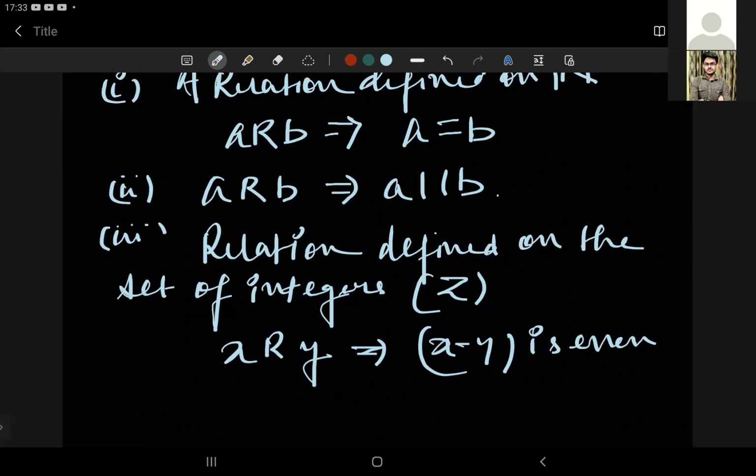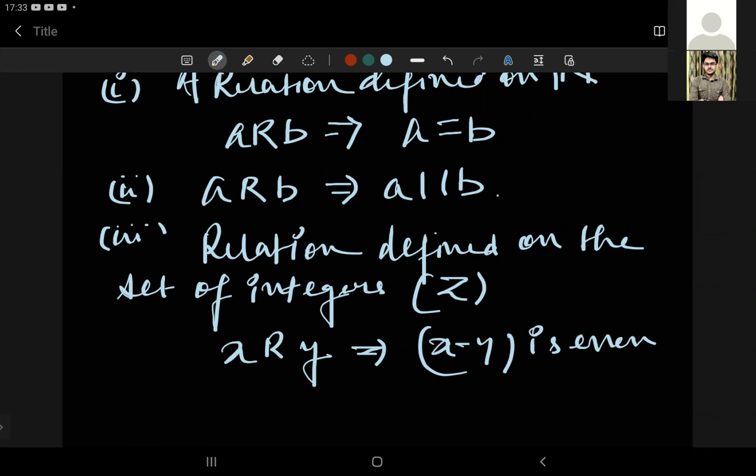Sir, it would be an equivalence relation only. Can you explain it? Yes, sir.